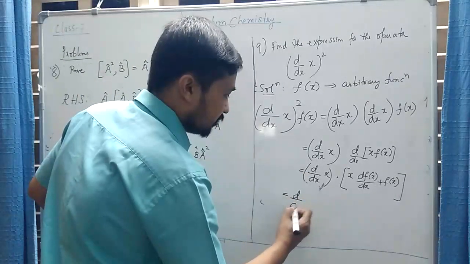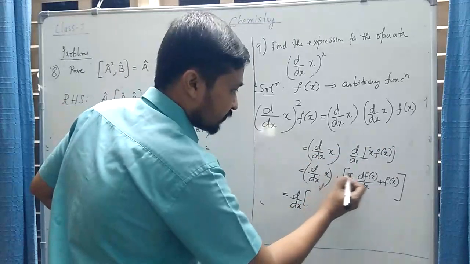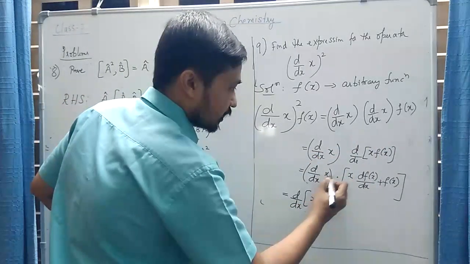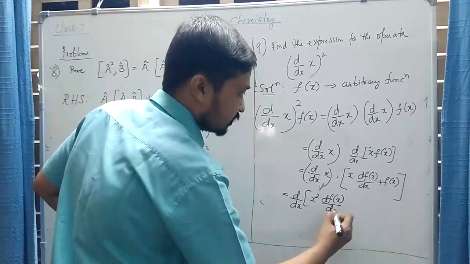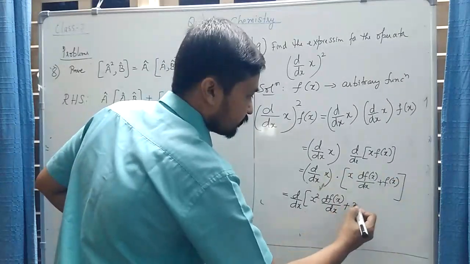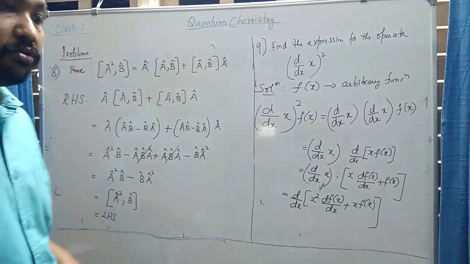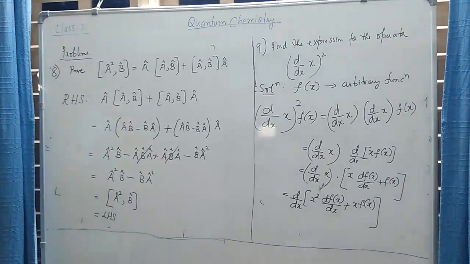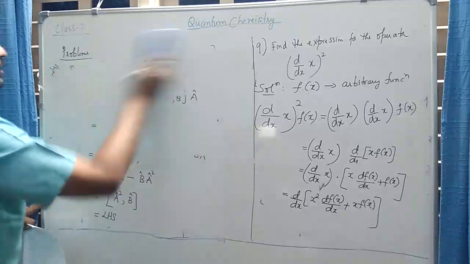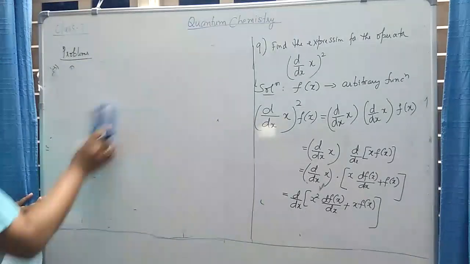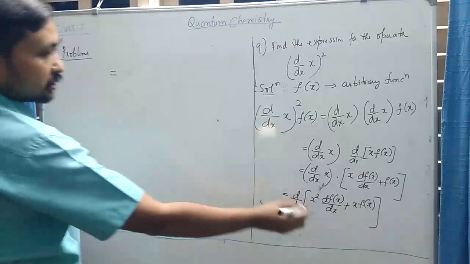So this is d/dx of, this is a multiplication operator, let us operate, x into x square into df/dx plus x into f of x. Okay, now in the final stage we have to apply this on the term inside the bracket. So we get the final expression.